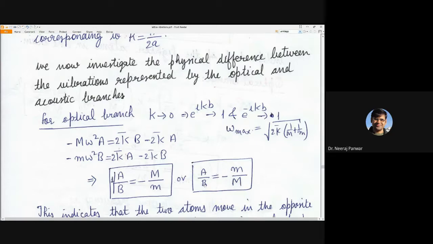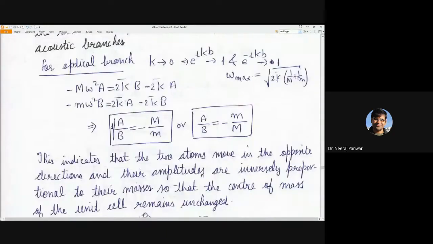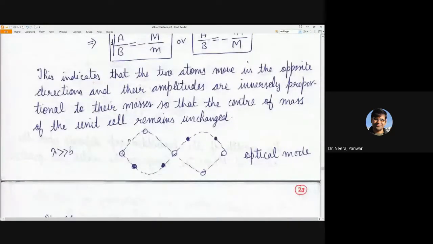So in the optical branch, near k equal to 0, the two ions vibrate opposite to each other, because we have a minus sign here, and the amplitude of vibration is inversely proportional to the mass of the respective ion. So the more the mass, the lesser would be the amplitude of vibration. And this is what is shown here.